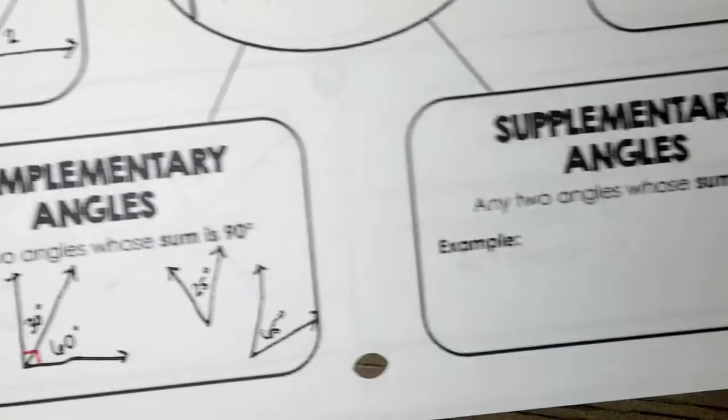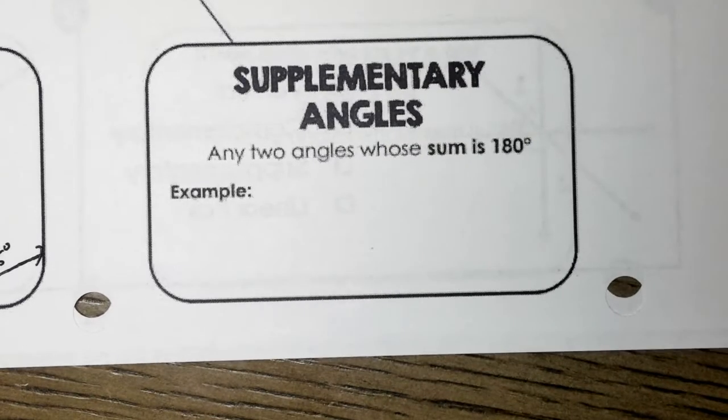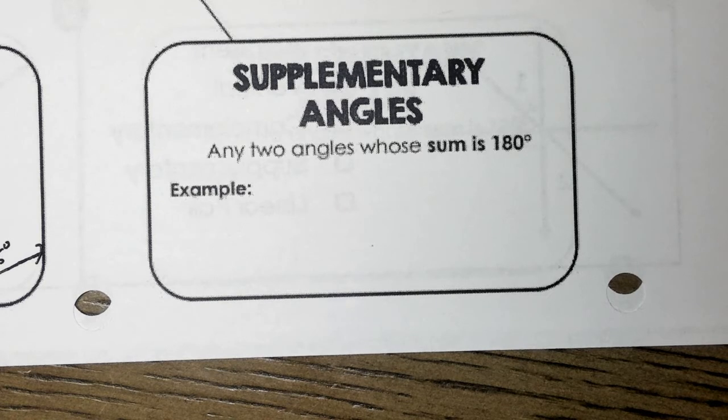Moving on. Next one, supplementary. Supplementary angles: any two angles whose sum is 180. So complementary was 90. Supplementary is 180. This is any two angles whose sum adds up to 180. So when I add the two angles together, they add up to 180, and they're supplementary.